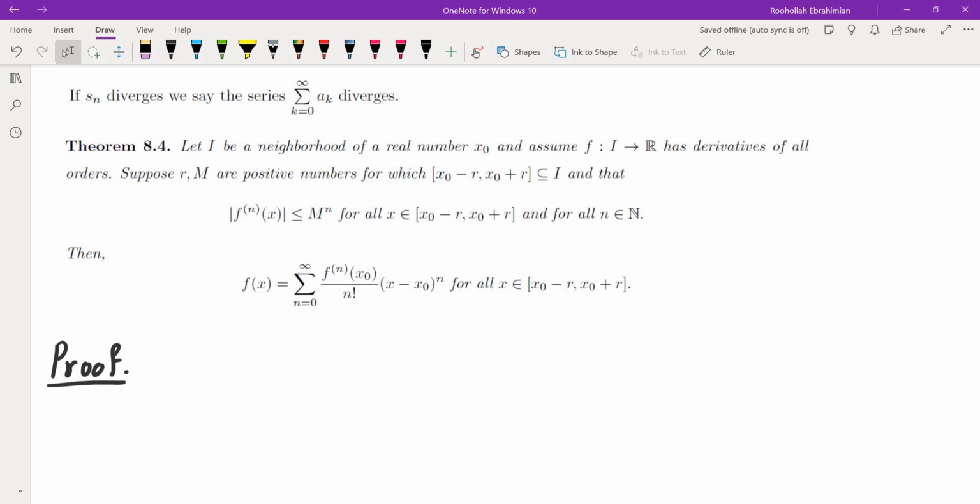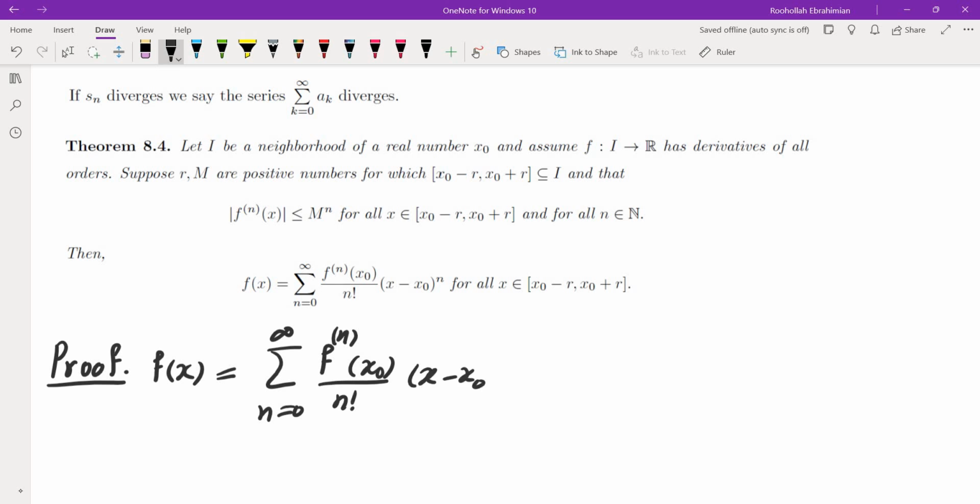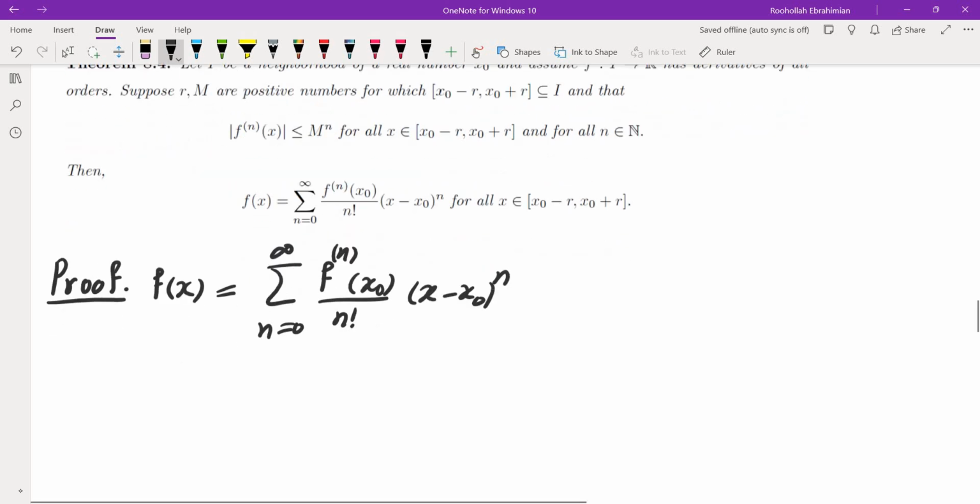Okay, so how do we prove this equality? f of x is equal to the sum n equals 0 to infinity of f^(n) of x0 over n factorial times x minus x0 to the power of n, if and only if f of x is equal to the limit as n approaches infinity of this sum.